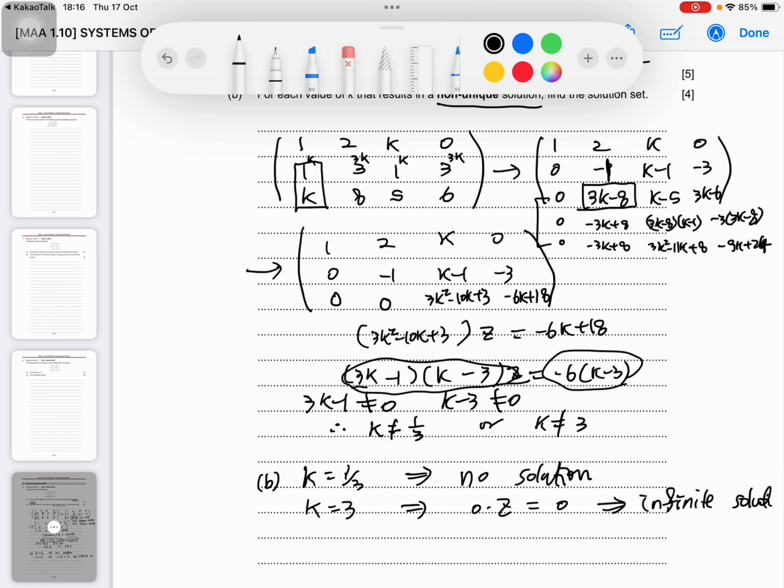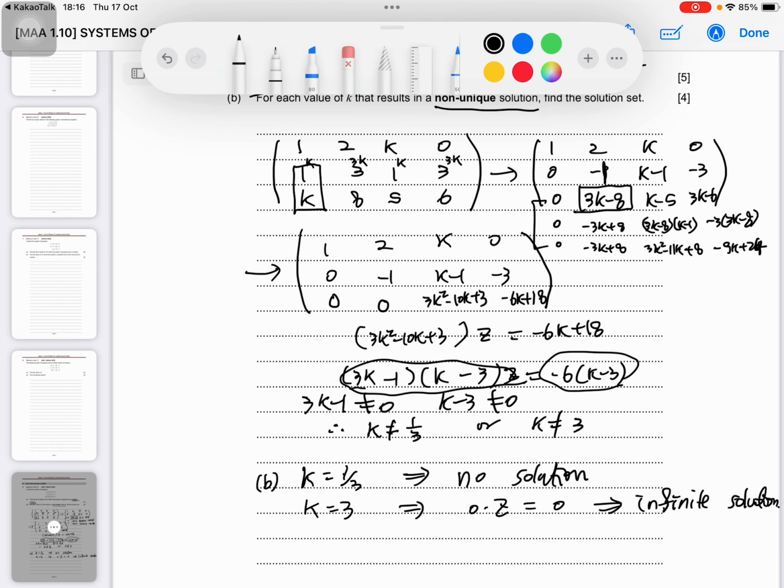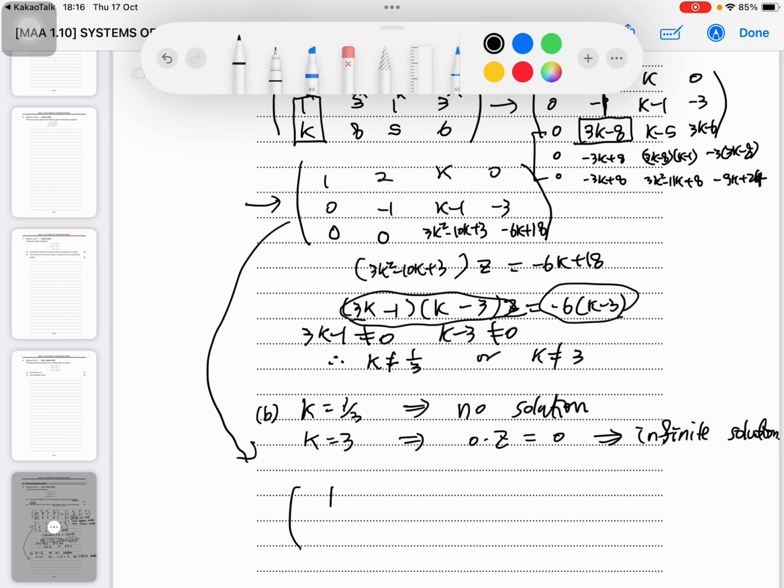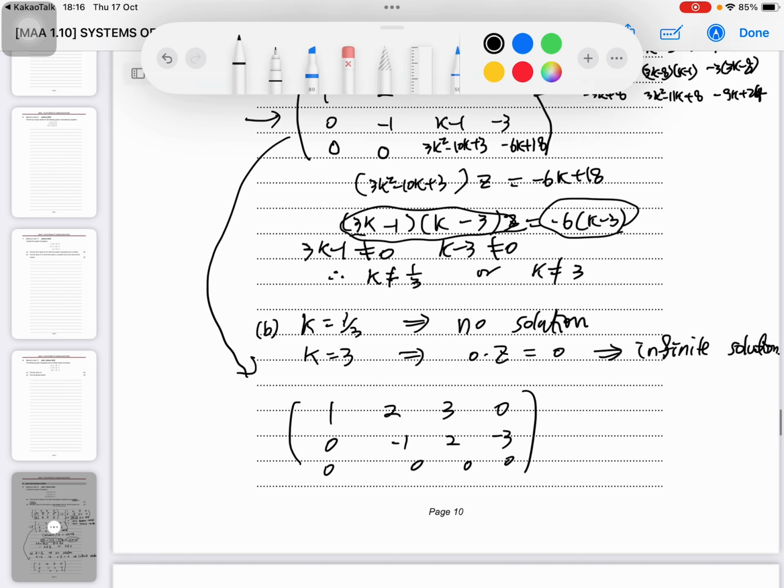When it is an infinite solution, we can express the solution with a general expression. So let's start from here again. Now k is 3: 1, 2, 3, 0; 0, negative 1, 2, negative 3; 0, 0, 0, 0. From the second line, negative y plus 2z equals negative 3. Let z be t.